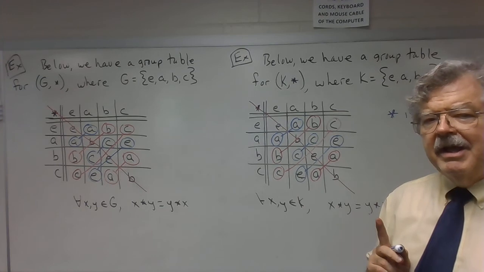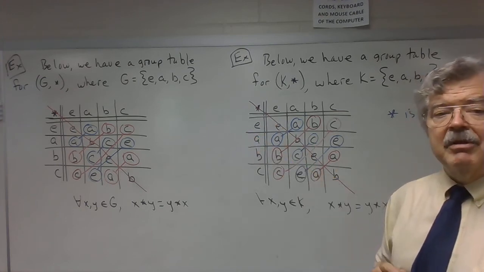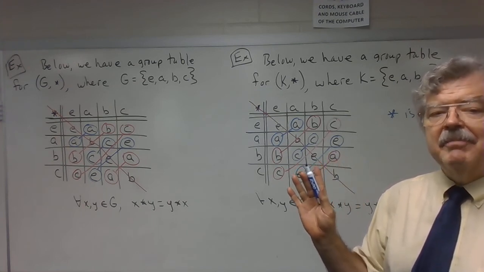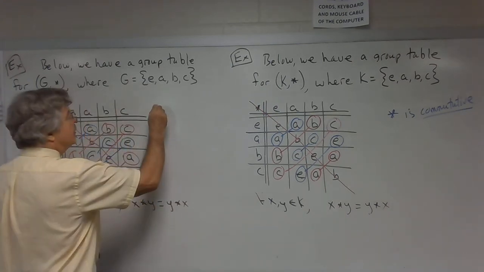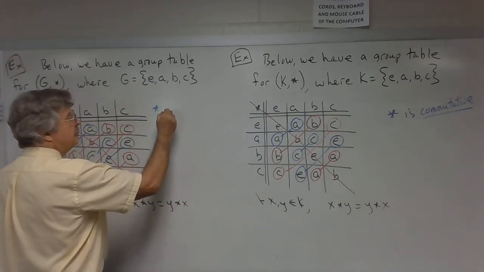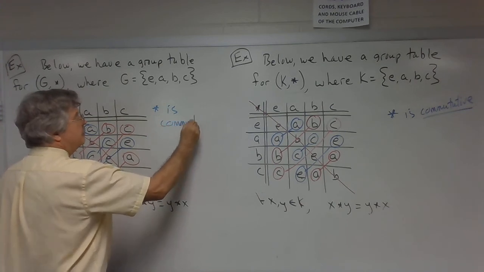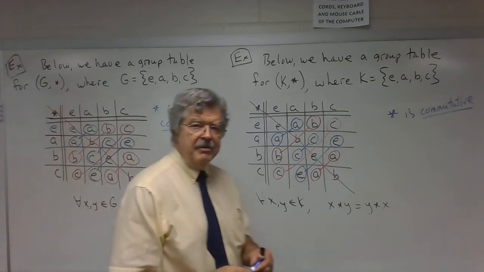If a binary operation is commutative, it will show up in the group table. The group table will be symmetric about the main diagonal. So both of these groups have the property that the binary operation is commutative.